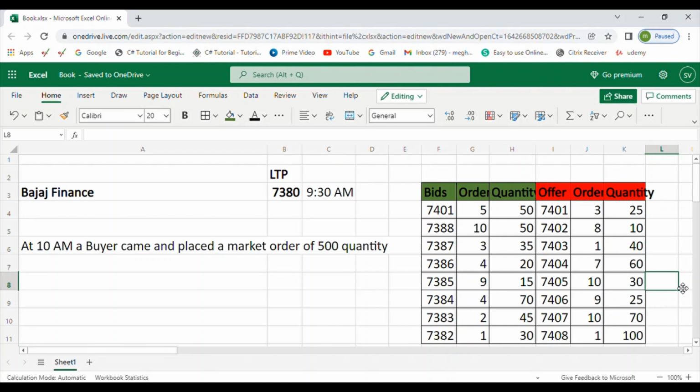So based on the last traded price, the stock directly opens at that last traded price, and if that price is maybe 5% above the last traded price, or 10% above, or 20% above the last traded price, based on the NSE circuit rules, it is considered to be the upper circuit, or the same goes with lower circuit as well.